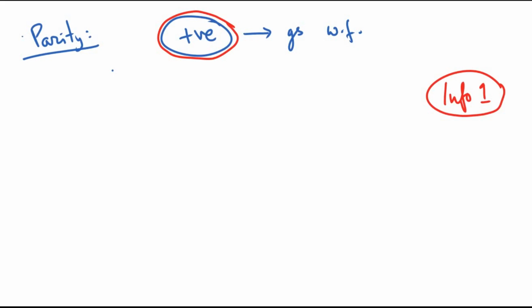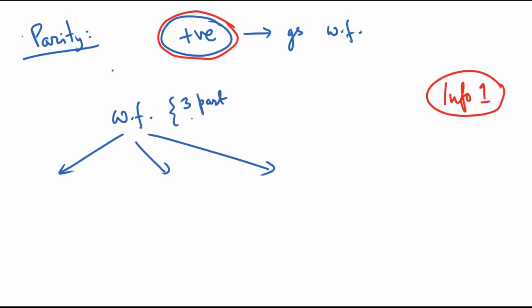Now, to start with, let us separate the wave function into 3 parts. So the first thing, let me write down the wave function as a product of 3 terms, 3 part separation. So what are the parts?